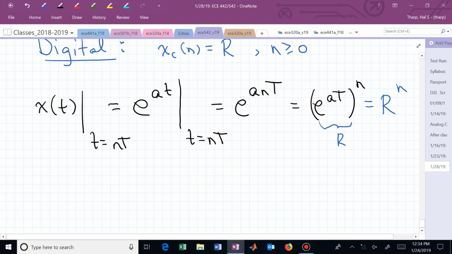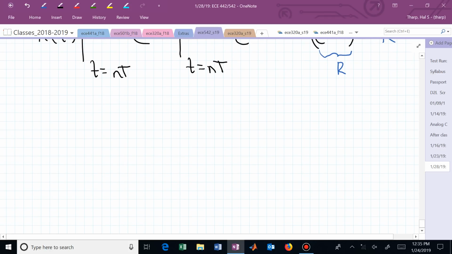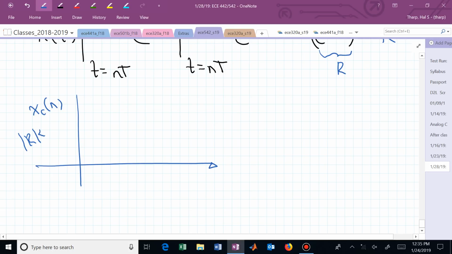If r is less than 1, then as we hit r, let's say 1/2 squared, that's 1/4, 1/2 cubed, that's 1/8, 1/2 to the 4th, now we have 1 over 16. That just keeps collapsing, or exponentially decaying, so that now we have x sub c of n when r has a magnitude less than 1.